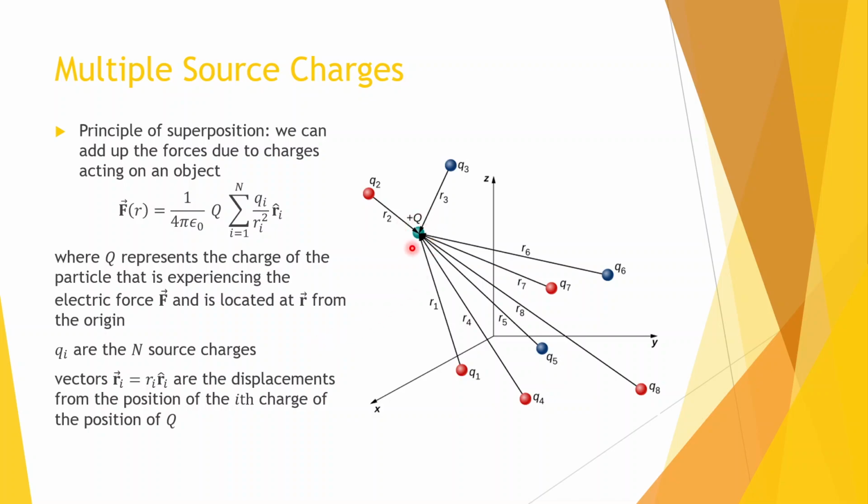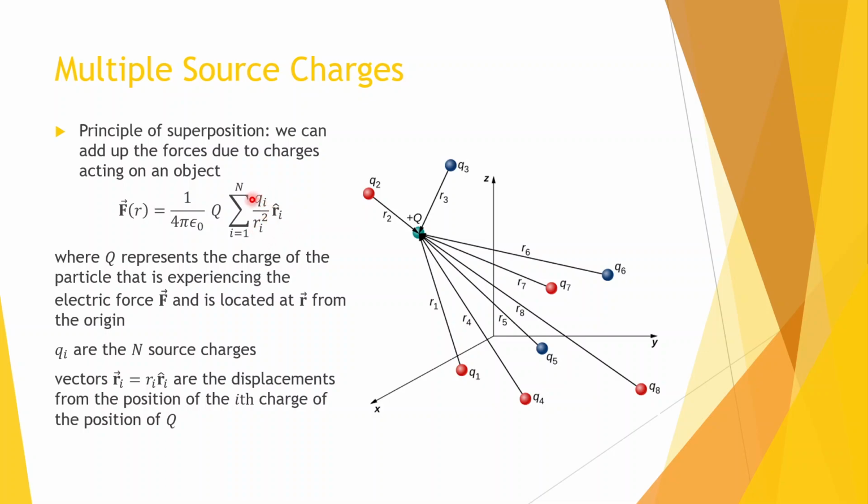So in this case, this charge is Q, and the electric force on this charge will be this constant, 1 over 4 pi epsilon naught, times the charge Q, capital Q, times the summation over all the Q's, Q sub i divided by r sub i squared, and then r hat i gives our direction.